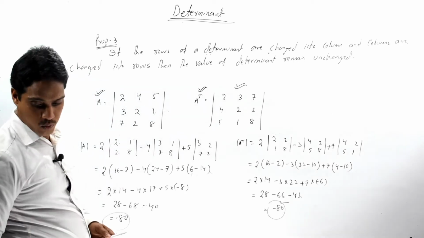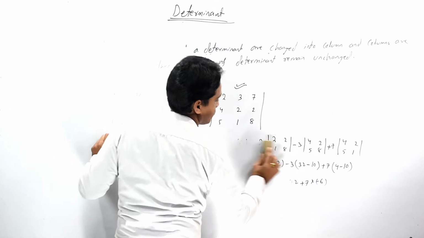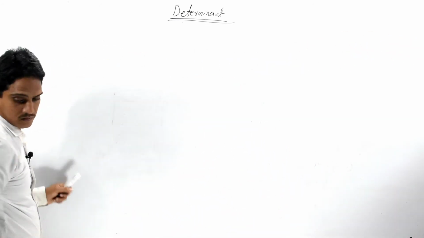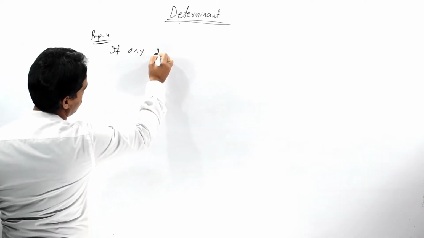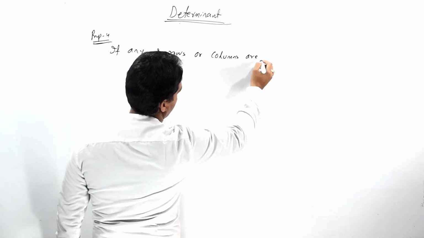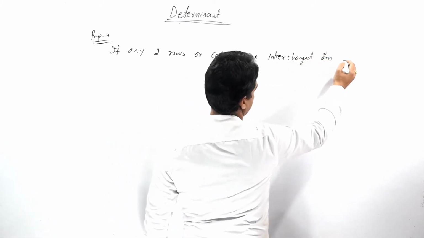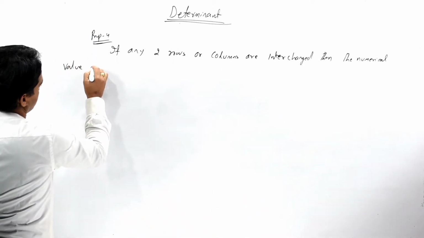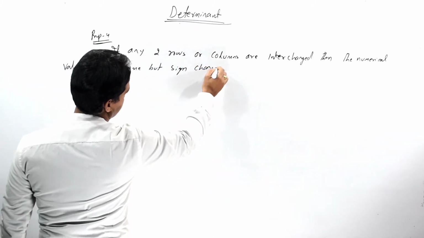Now come to our fourth property. Our fourth property is: if any two rows or columns are interchanged, then the numerical value remains the same but the sign changes.